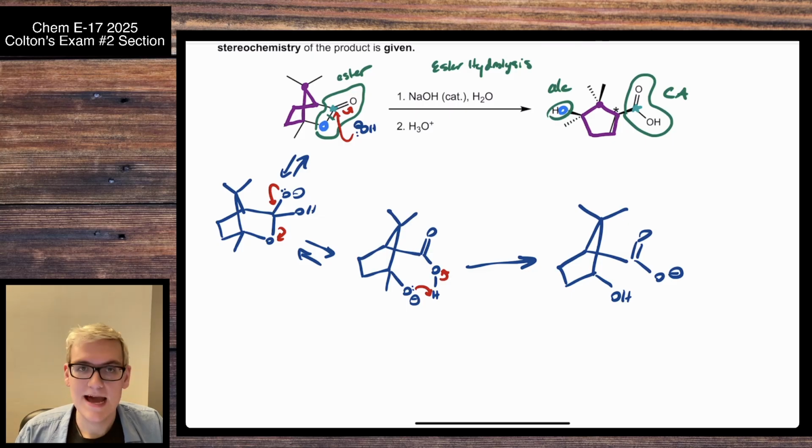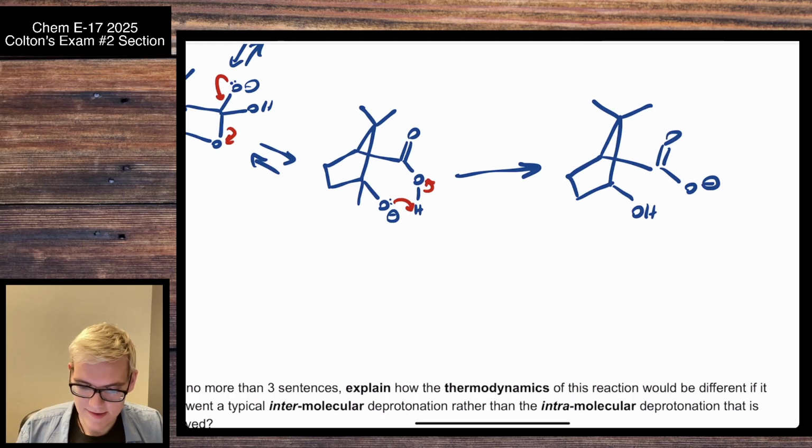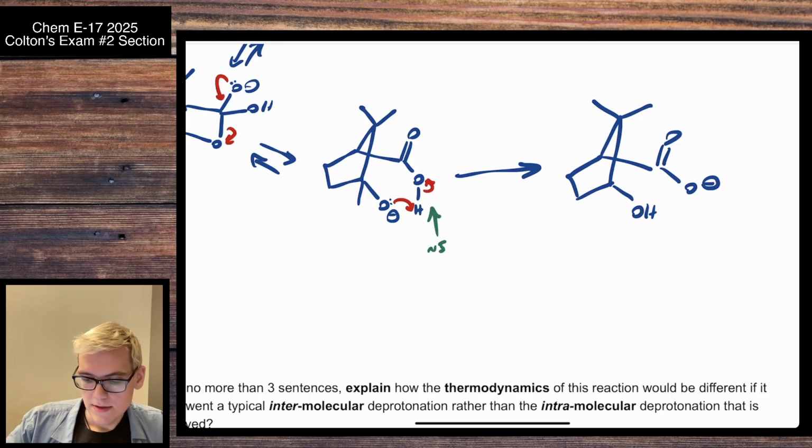Now, let's think about why this step would be irreversible. Well, this is an acid-base step, right? So we have pKa's of all this junk. So what is our acid in the starting material? Well, the pKa of our acid here is the carboxylic acid, which is around 5. The pKa of our product is an alcohol, which is about 15 or 16. I forgot the exact value that they give y'all.